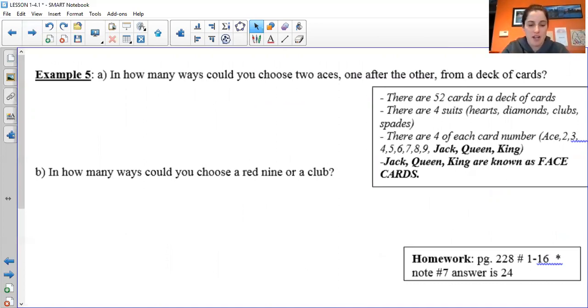So you have a heart, you have a diamond, you have a club, which is the little flower, and then you have a spade, which is black. So there's 2 types of reds, 2 types of blacks. There's 4 of each card.